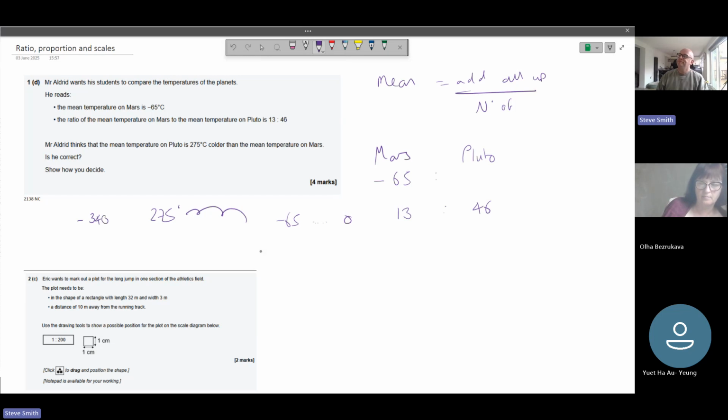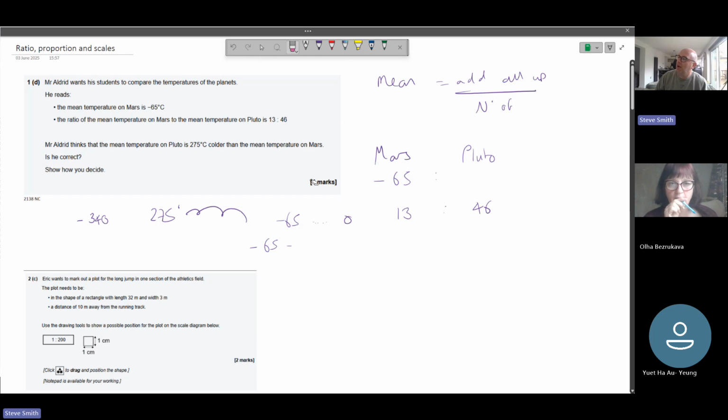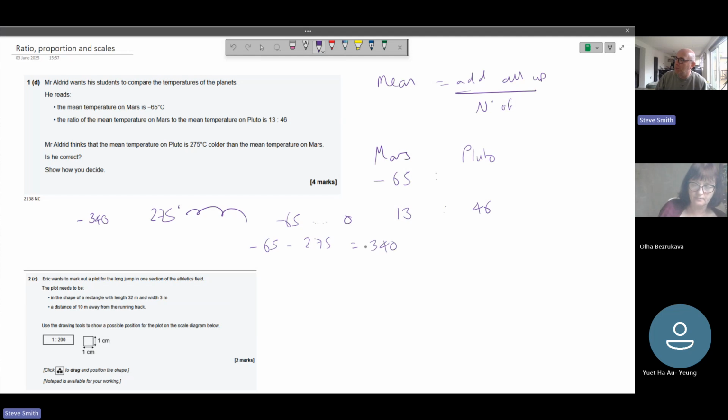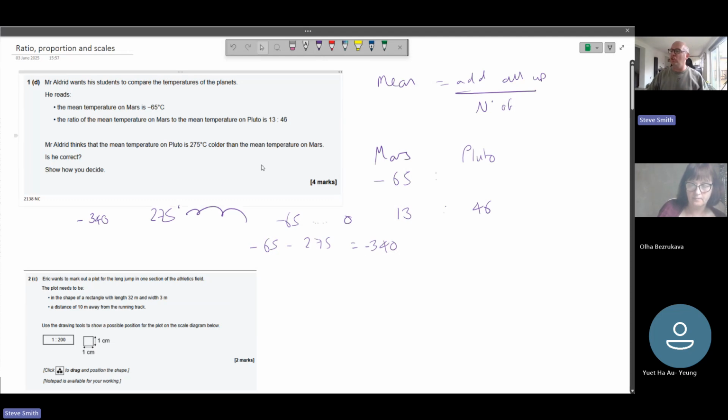The way we've done that is we've had minus 65, add 275, take away, sorry, we've added on, what am I going to do here now? We've taken away 275, so he thinks it's colder than that. So that equals minus 340. So we're looking for a temperature of minus 340 to say if Mr. Aldridge is correct or not.